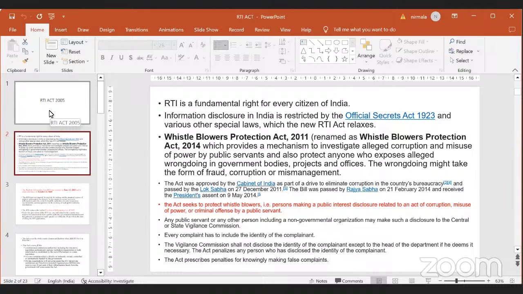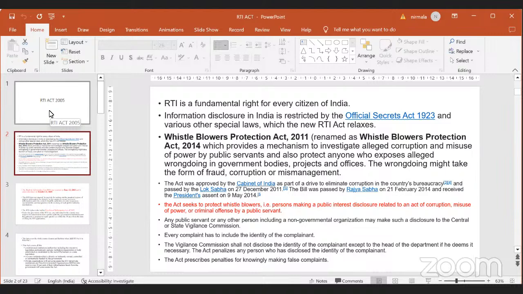To promote transparency in the working of the government, if you want certain information, you can ask for it under the Right to Information Act.